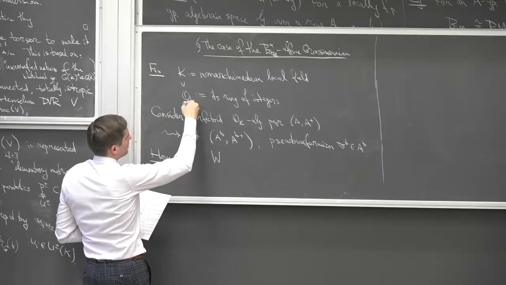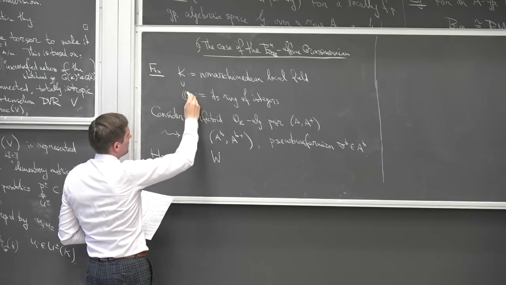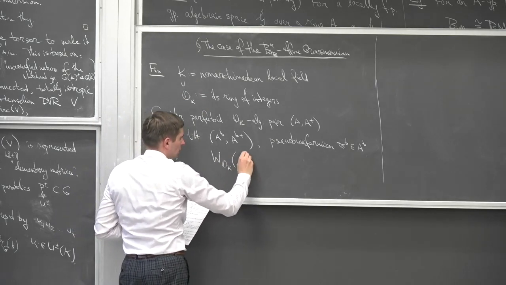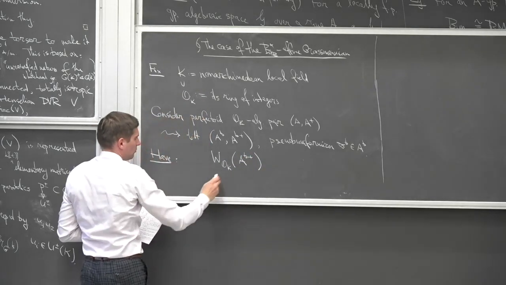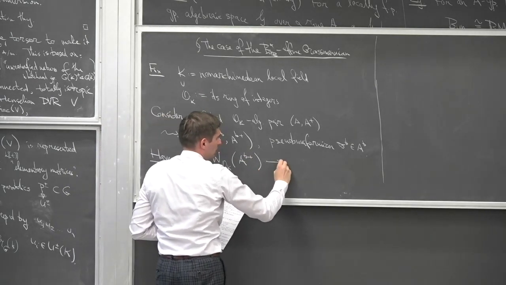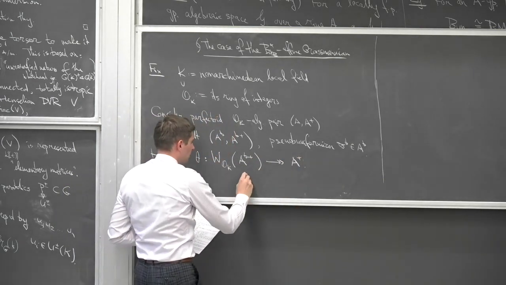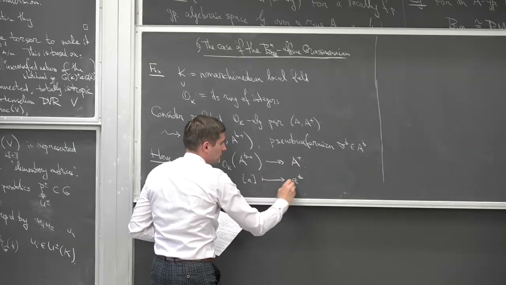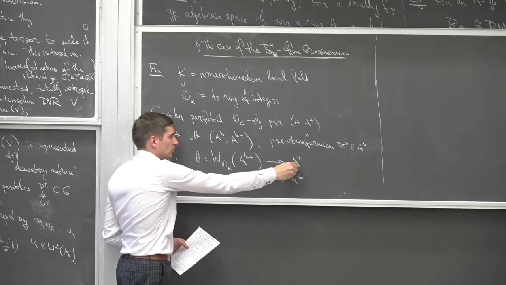And since we're doing it relative with respect to O_K, not necessarily Z_p, we take O_K-typical Witt vectors of A flat plus, the analog of A. And we have a map theta from here to the original A plus, characterized by sending Teichmüller elements to the compatible p-power system of roots.